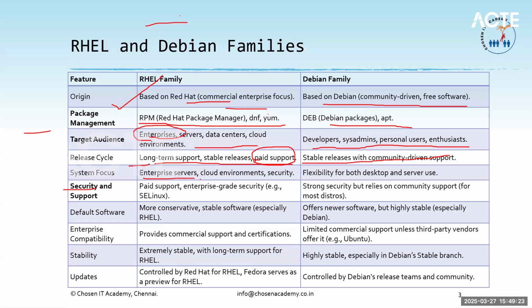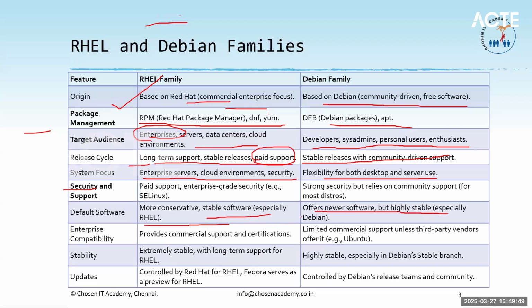It is used on enterprise servers, cloud environments, and security. Debian is flexible for both desktop and server use. RHEL offers paid support, strong security by default, and conservative, stable software. Debian offers newer software frequently, I believe.